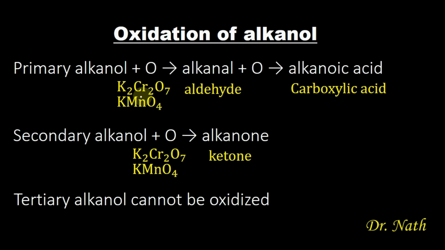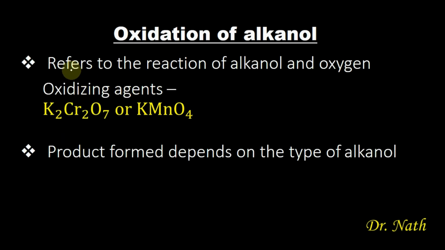So this page shows the oxidation of all the alkanols that we have: the primary, the secondary, and the tertiary alkanol. For the primary alkanol, remember I said in the previous page that oxidation of alkanol refers to the reaction of alkanol and oxygen, and that the oxygen is supplied by the oxidizing agents, potassium heptaoxodichromate(VI) or potassium tetraoxomanganate(VII).